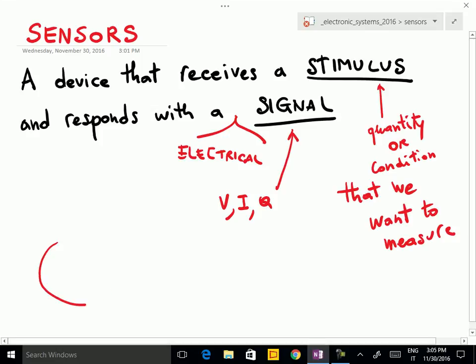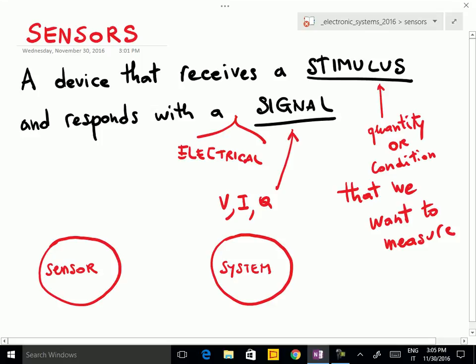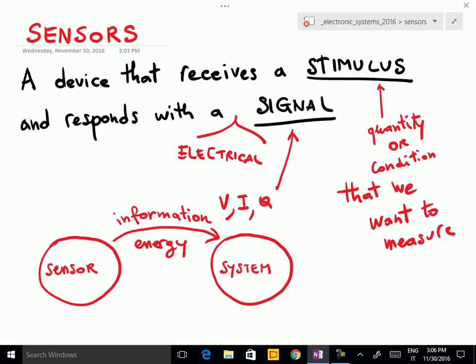So just to draw a very generic diagram, if this is the sensor and this is the system which is connected to the sensor, we have from the sensor to the system typically some information flow, which is the information content of the signal, plus some energy, which is of course associated to the signal, because if we want to embody the signal in a voltage, of course, with this voltage some energy will be transferred.